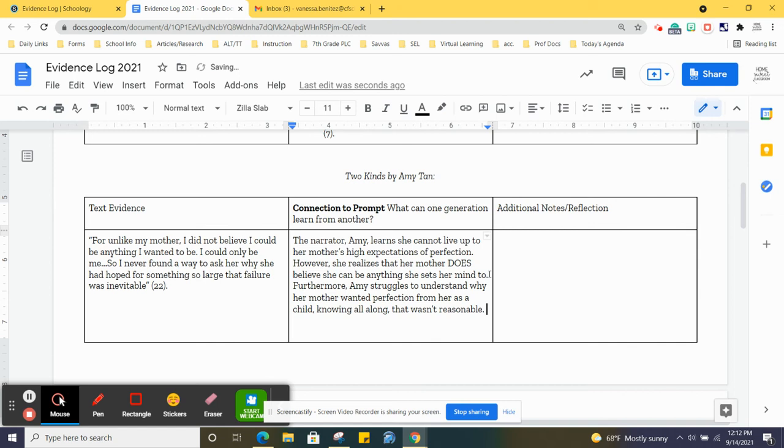Right? It's not reasonable to expect perfection from someone or nothing at all. And that's where she felt like she was stuck between a rock and a hard spot, if you've ever heard that metaphor. All right, so that is what Amy learned. She can't live up to her mother's expectation, but she does realize her mother believes in her. But then she's still struggling to understand it's either perfection or nothing, right?